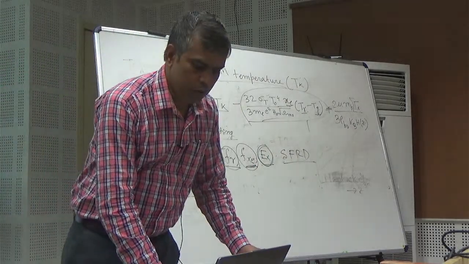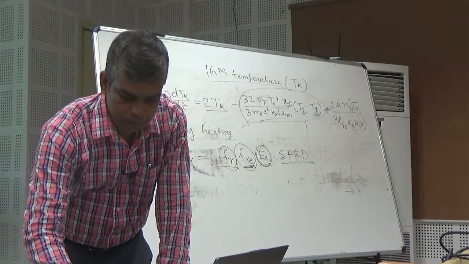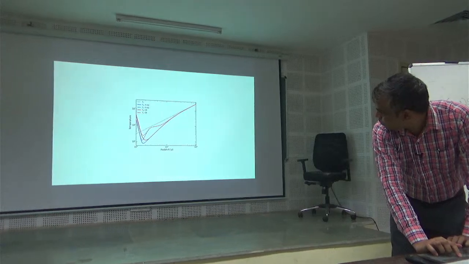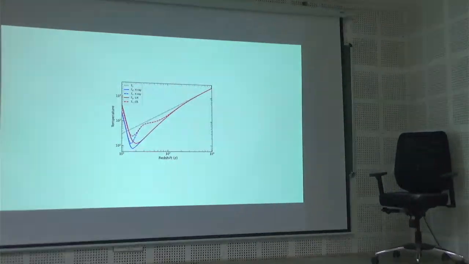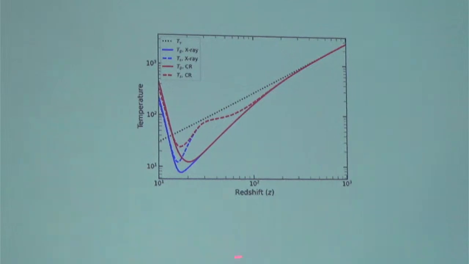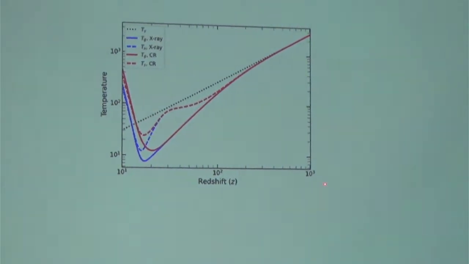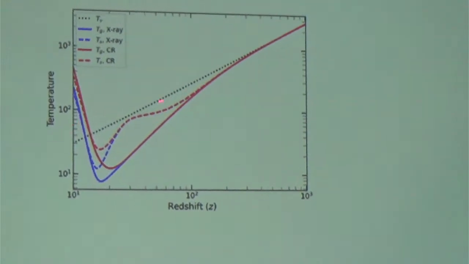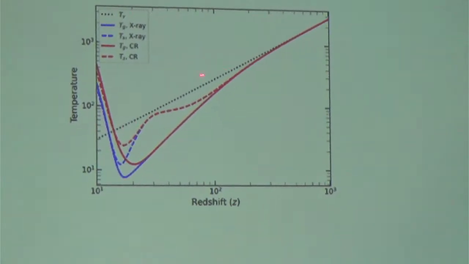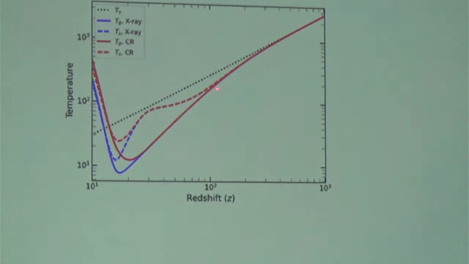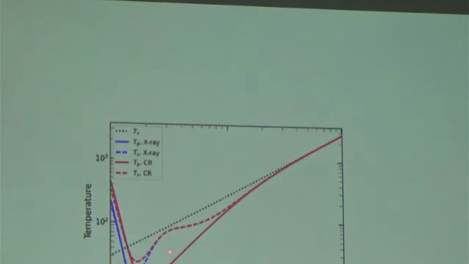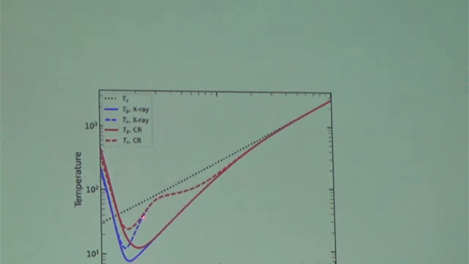Now I will show you a plot. Again the same plot: the x-axis is redshift, the y-axis is temperature. The black dotted line is the CMB temperature, and the bottom red line is the IGM temperature.